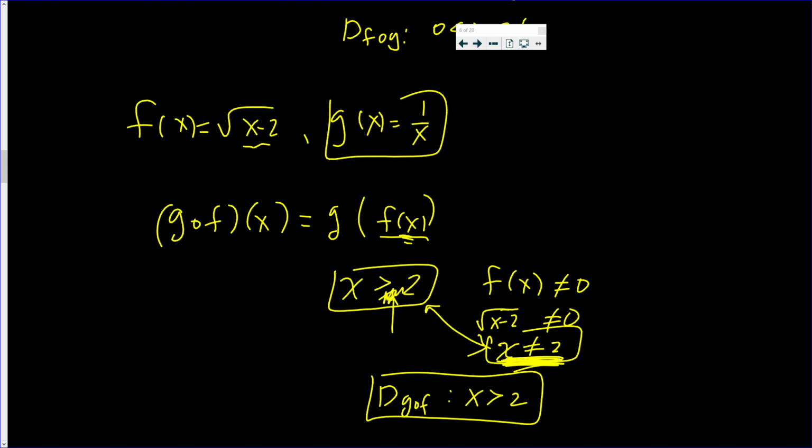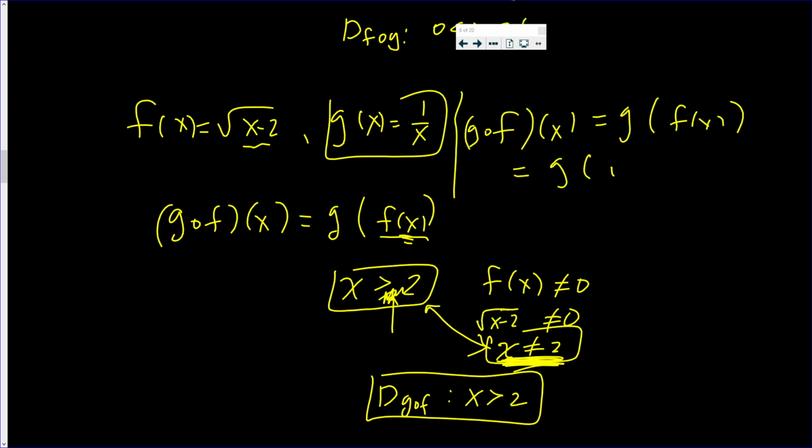This is hardball. This is not playing games. If you want to find the domain of g circle f of x, you do not find g of f of x, which is g of the square root of x minus 2, and g of anything is just the reciprocal.